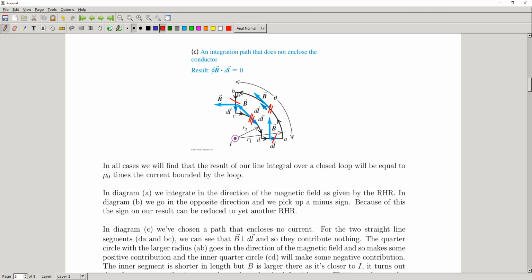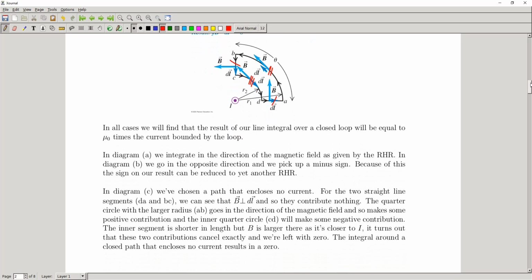You can actually do the calculation, but I'm just going to mention how it works. Because we're closer along CD than we are on AB, and the magnetic field scales as 1 over r, but so does the length of the circumference of a circle scale with r, these two things cancel out exactly.